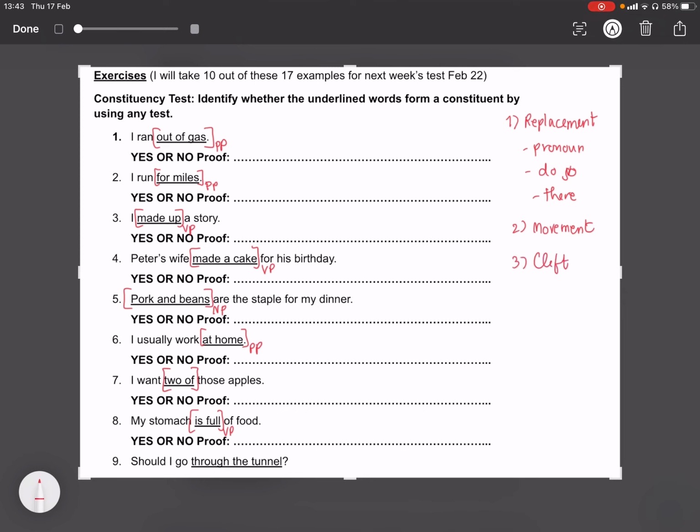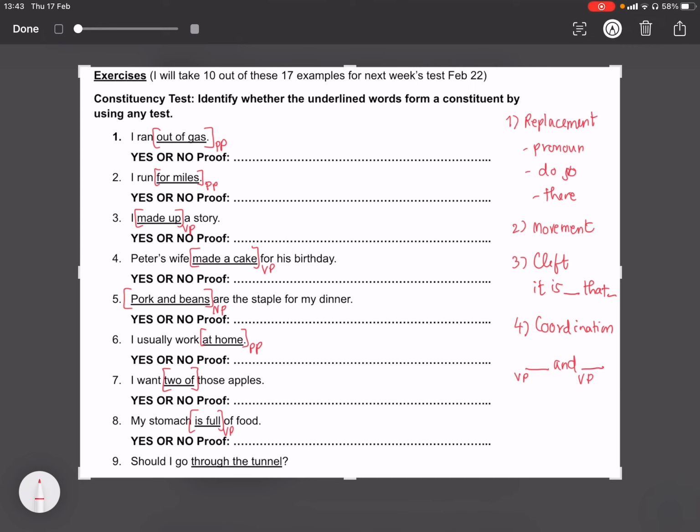Cleft is: it is X that Y, okay? Then coordination. Coordination means that you find the same thing and conjoin it with and. So if you have a VP, you have to conjoin it with another VP to see if that makes sense.